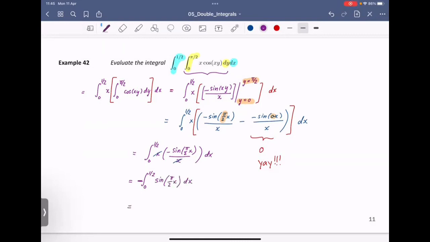And now, am I right? So integrate sine. So you get what? Integrate cosine, get sine, right?